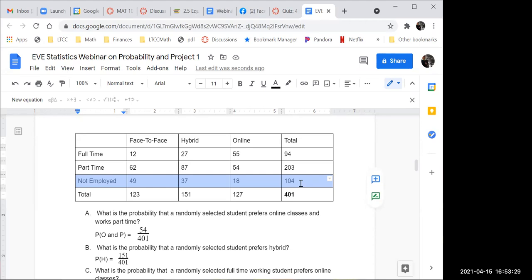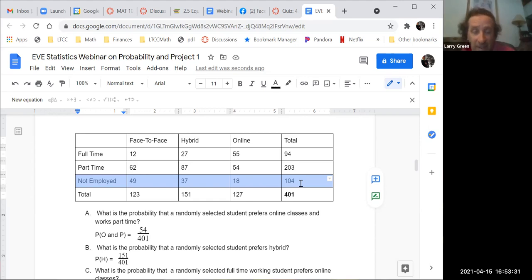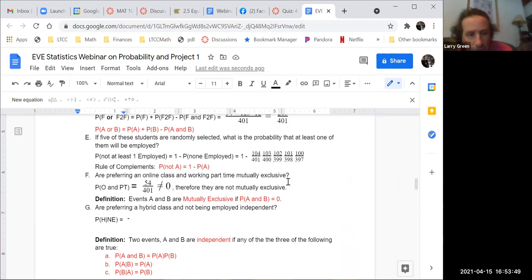Okay, 104. Remember, a probability is a fraction. I'm needing 2 numbers here. Yeah, 37 over 104. Any questions on that? Because in these not employed, there's 37 that prefer hybrid out of the 104 not employed. So 37 over 104.